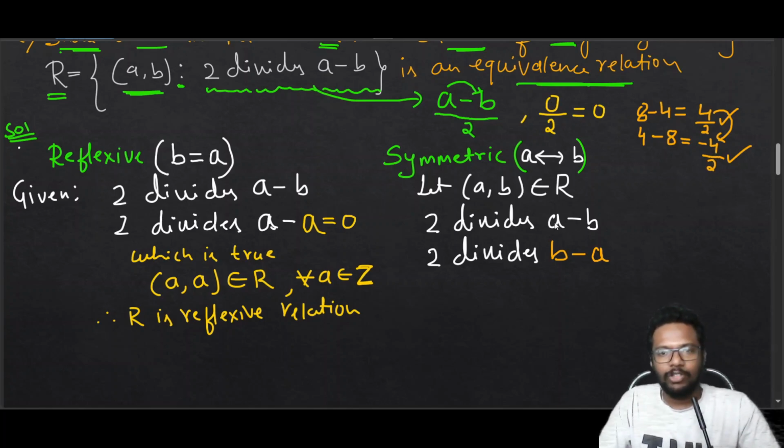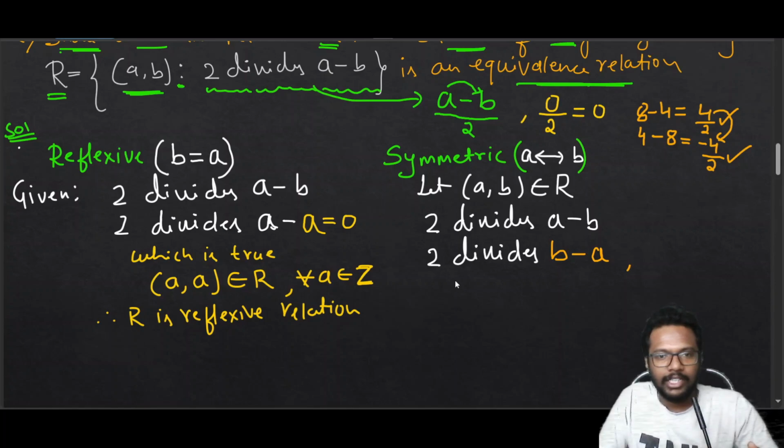So if you interchange A to B and B to A, there is nothing much of a difference. The relation satisfies itself: the same relation that holds for 2 divides A minus B also holds for 2 divides B minus A, for all (A, B).